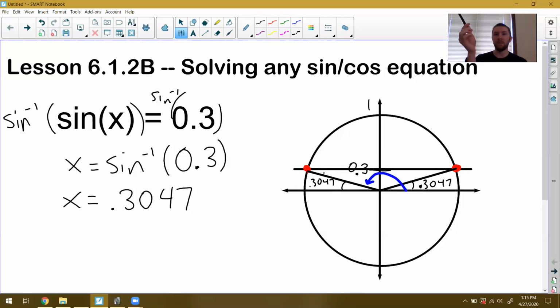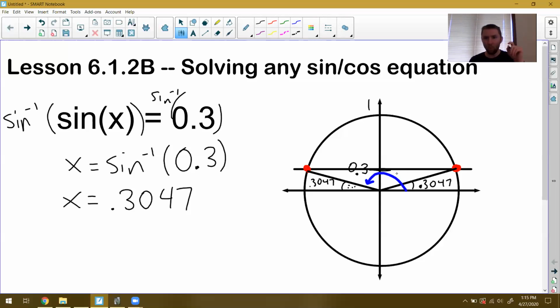The one going up from this side will be the same as the one going up from that side to the same sine value, okay? So then if I think about this blue angle, the blue angle here is really the entire top half of the unit circle minus that little angle on this side, right? So if I knew the whole top half of that unit circle, I could then take away that little angle and I would have my blue angle that goes from the origin all the way around to that other red dot.